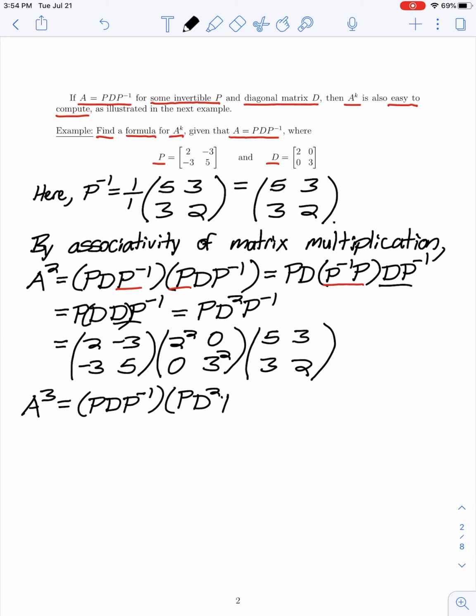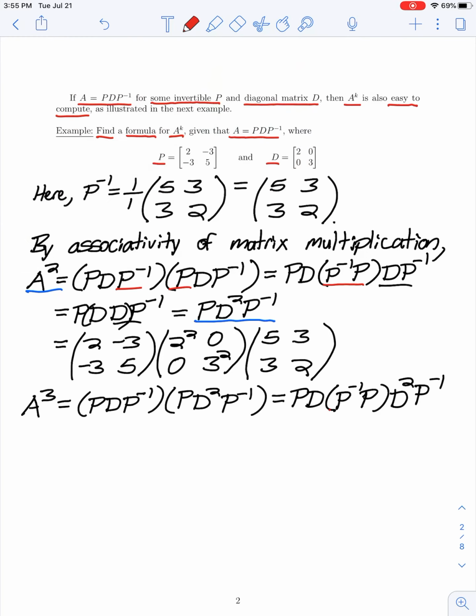Recall this formula for A squared that we found here. Again, using the associativity of matrix multiplication, I can think of this as P times D times P inverse times P, and then times D squared times P inverse.